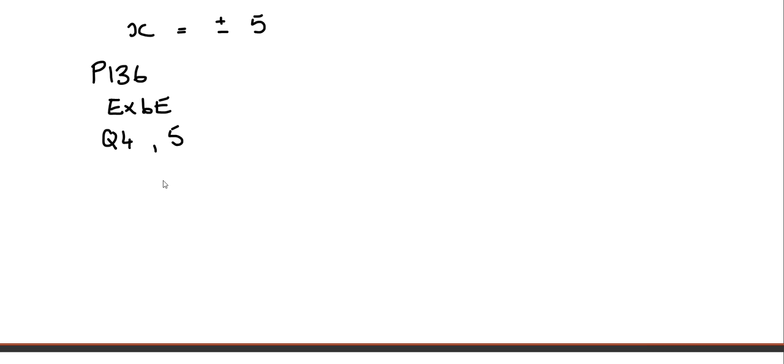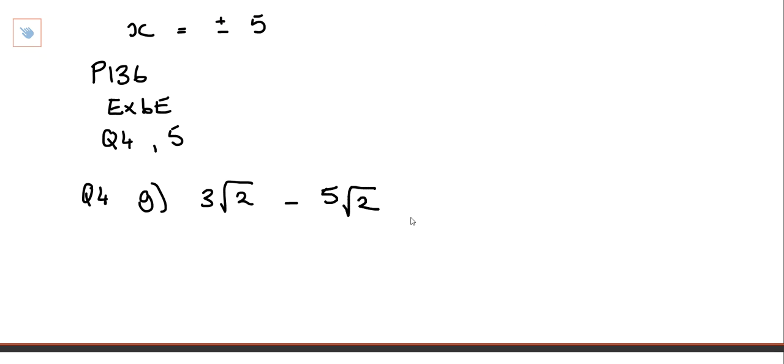So if I look at question 4G and I do 3 root 2 minus 5 root 2 minus root 2. Okay, I've just written on the board what question it is. Question 4G. 3 root 2 minus 5 root 2 minus root 2.